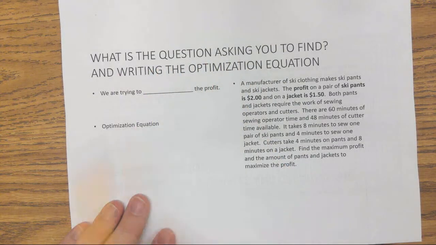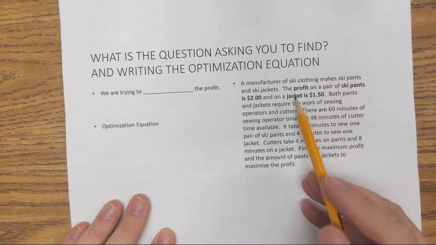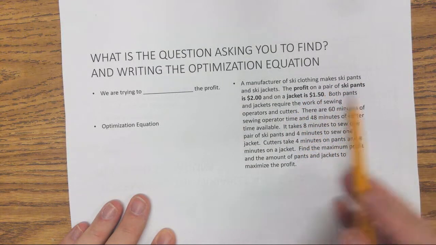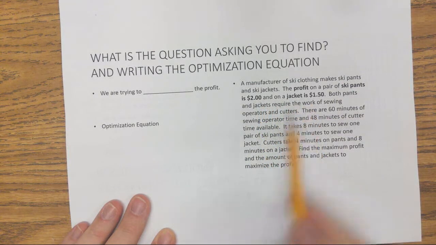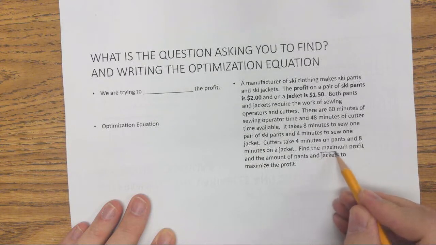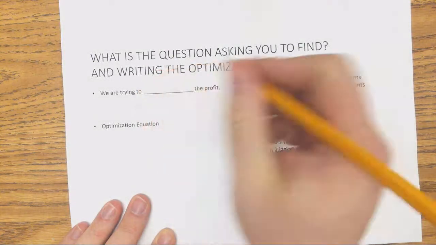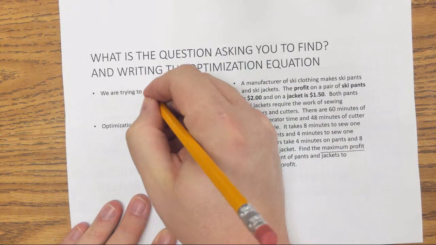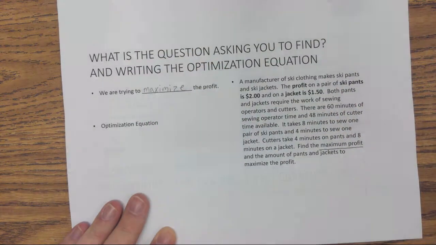What is the question asking you to find? Well, as I read through here, it wants me to find the profit on a pair of ski pants and on the jacket, and it wants me to maximize the profit because it's looking for maximum profit. So we're trying to maximize the profit.